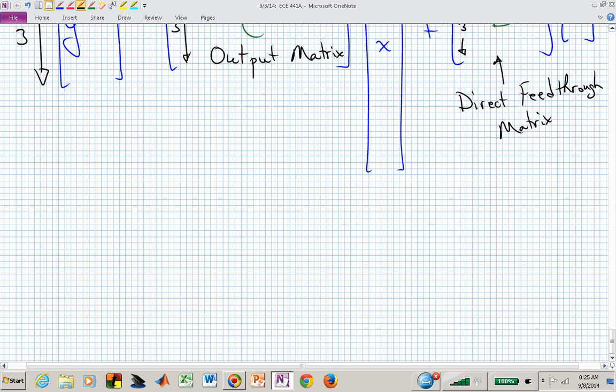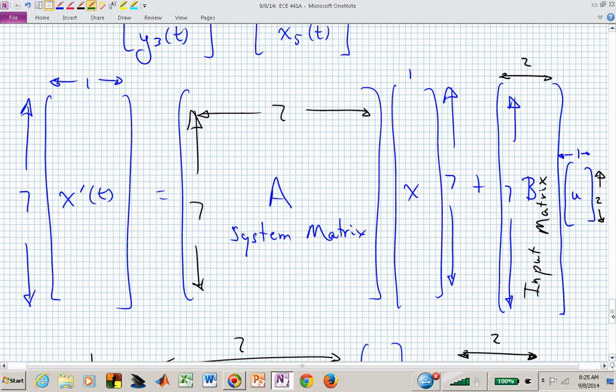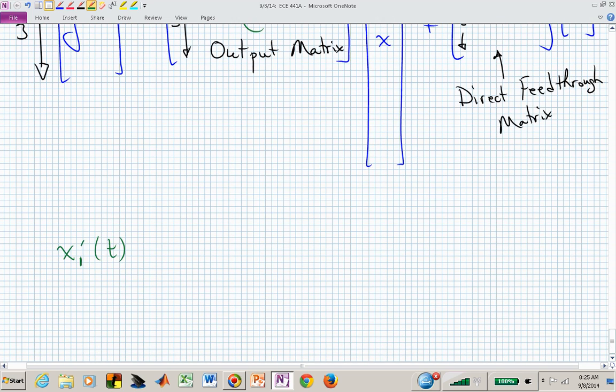We know we need to find an equation for x1 prime. That will give us the top row in this system dynamic expression. We're now going to try to fill in the top 7 entries in that top row of the system matrix, and the top 2 entries in the top row of the input matrix, by finding an equation for the first derivative of x sub 1, our first state variable component.